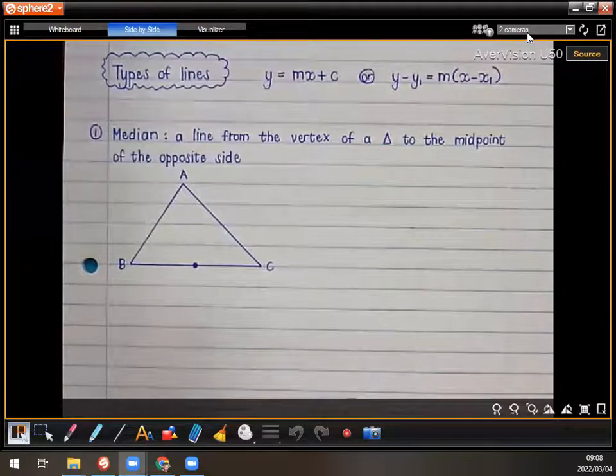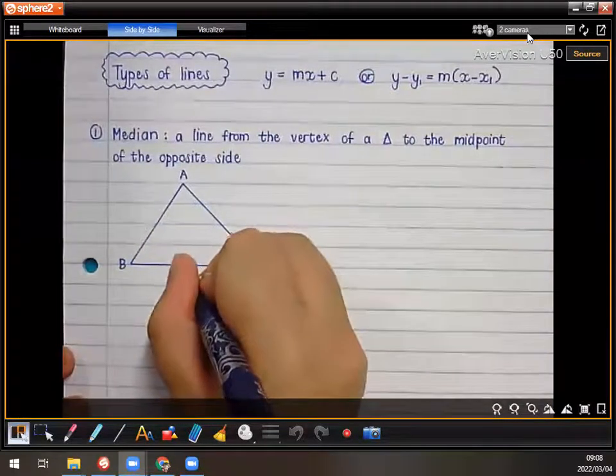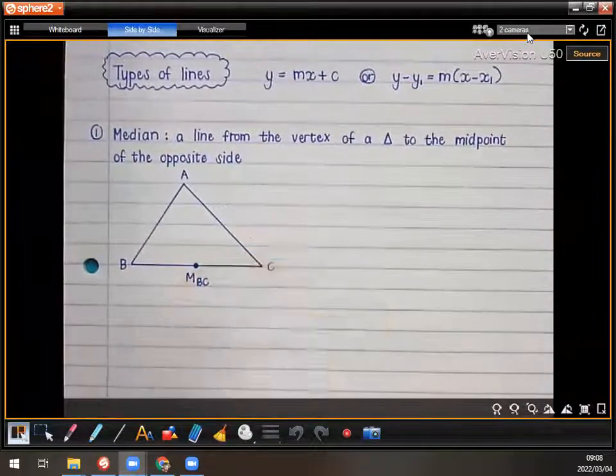Well, guys, that midpoint. Sorry. What do we use for midpoint again? A capital M, right? So if it's the midpoint of BC, I can write that as M of BC.